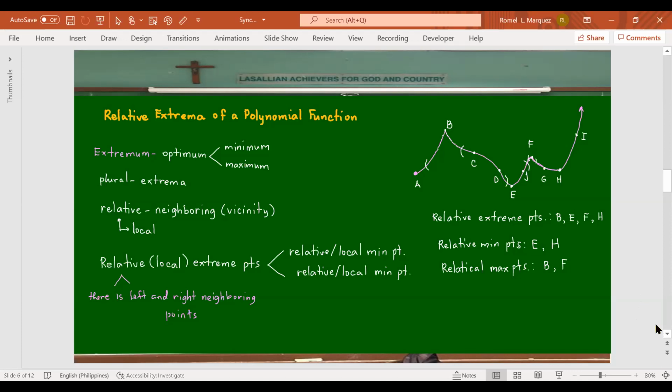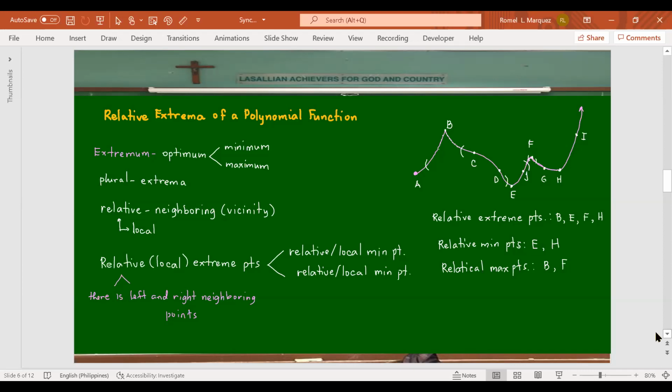Because there are questions in the test asking for the relative minimum points or relative maximum points, you have to identify, or you might be asked the extremum points. If you're asked of extremum points, you include both the minimum and the maximum. But if you are asked of the specific, you have to be specific also.